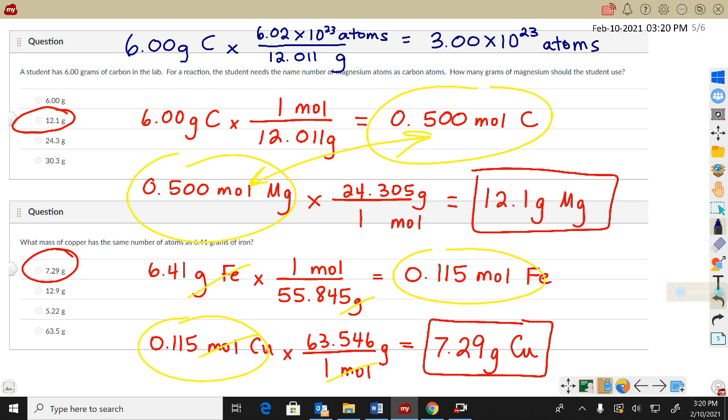You don't have to switch it to atoms. I mean, you can. Then I would say, okay, I want 3 times 10 to the positive 23rd atoms of magnesium. And then I'd want to cancel atoms and put it into grams. You're going to get the same answer, but the red and yellow work is maybe just a little more efficient.